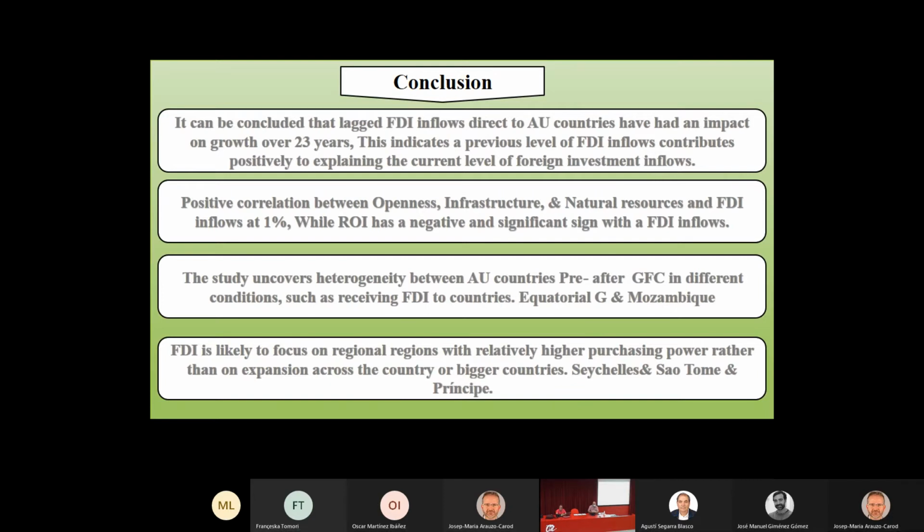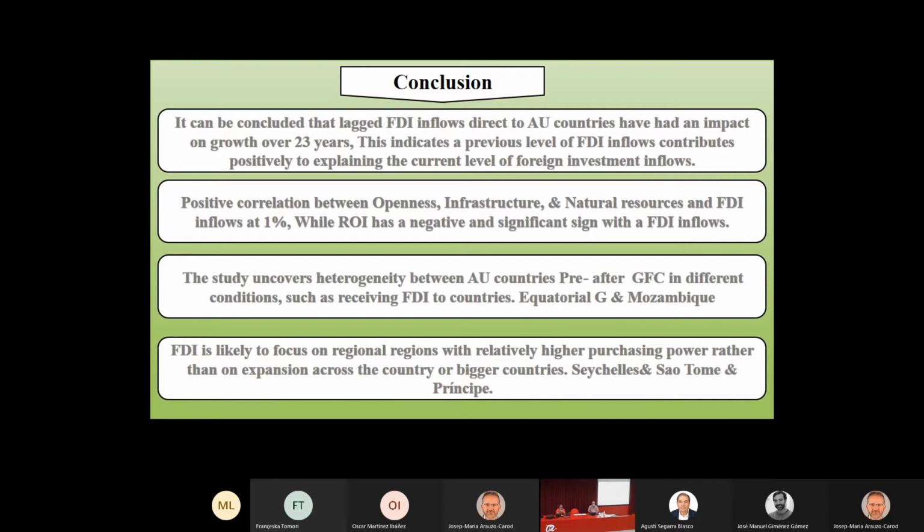So it has had an impact on growth over 23 years, the whole period. This indicates a previous level of FDI inflows contributes positively to explaining the current level of foreign investment inflows. We are using this methodology instead of fixed effects because it is a new or improved model.